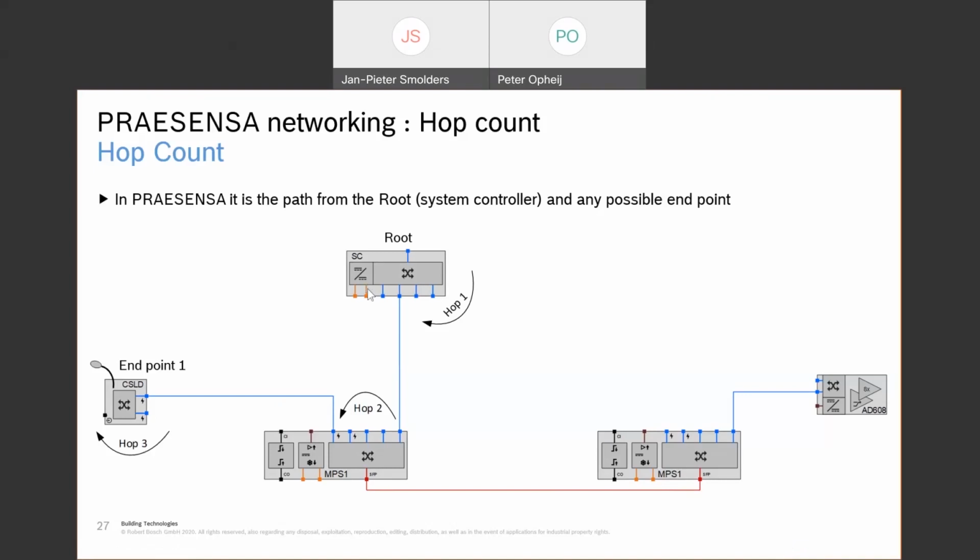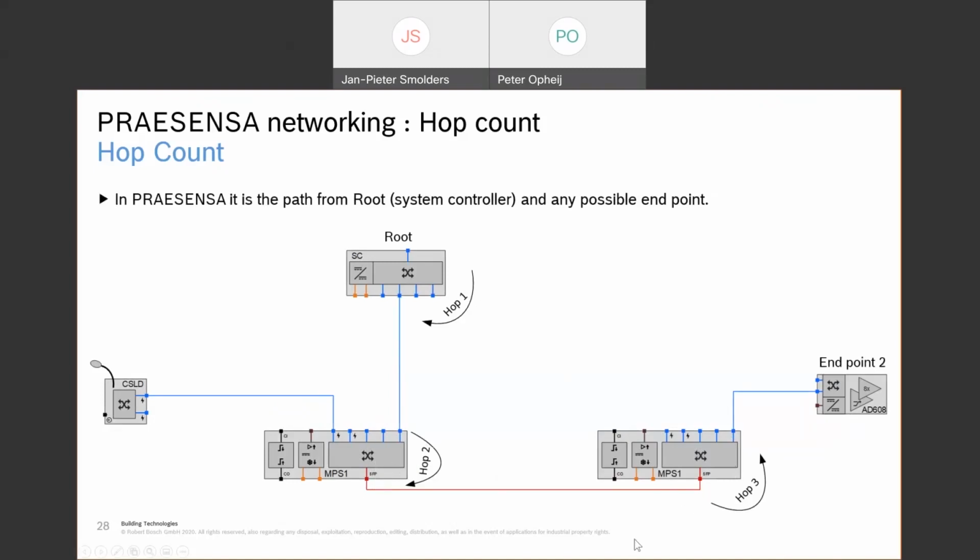So from the root via the MPS to the call station, that are 3 hops. If we go to another endpoint, in this case the amplifier, then you see we have 1 hop over there, 1 hop over there, 1 hop over there, and here we have 4 hops. 4 hops between the root, the controller in this case, and the amplifier.